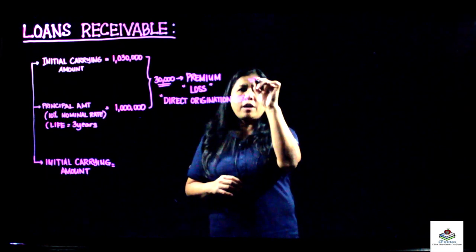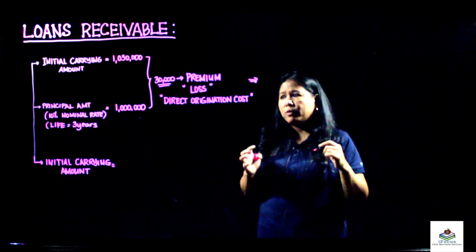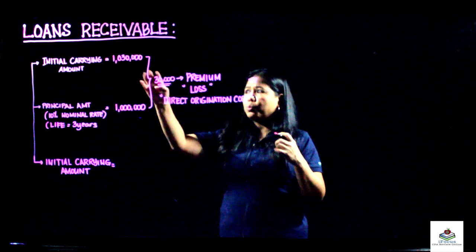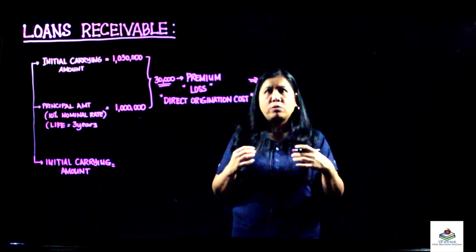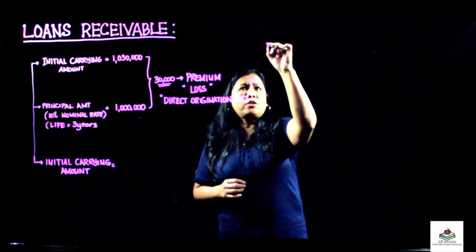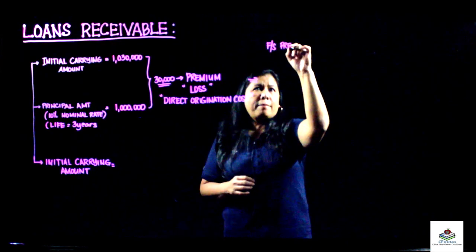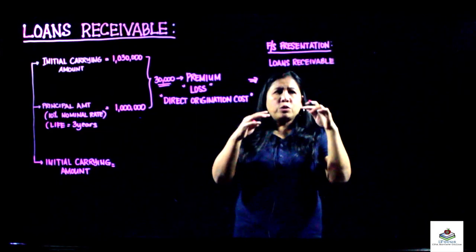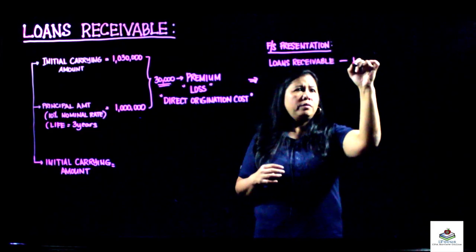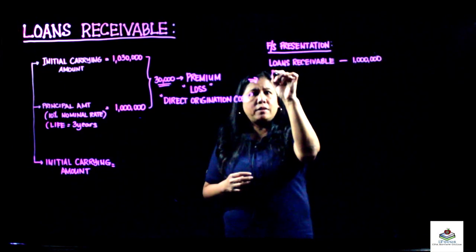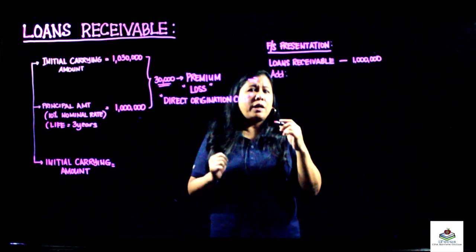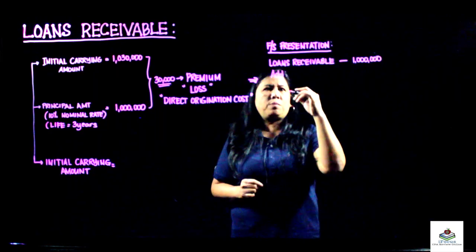In our financial statement presentation, this direct origination cost will be added to the loans receivable to get the carrying amount. So we have our loans receivable of 1 million and we add the direct origination cost to get the carrying amount of the loans receivable.